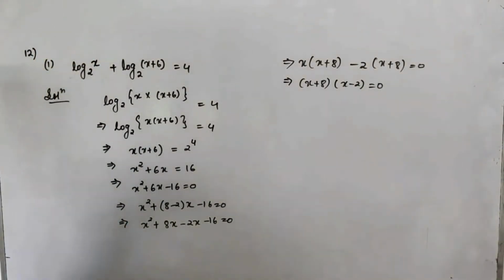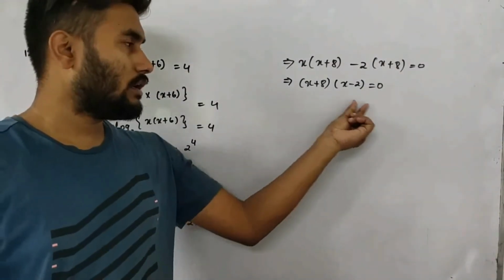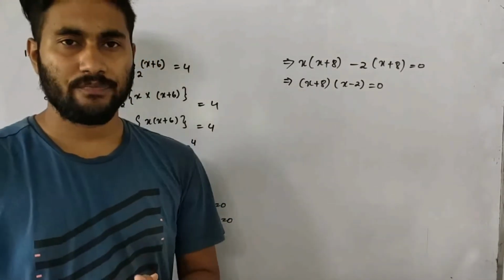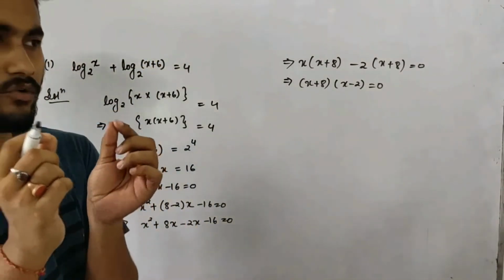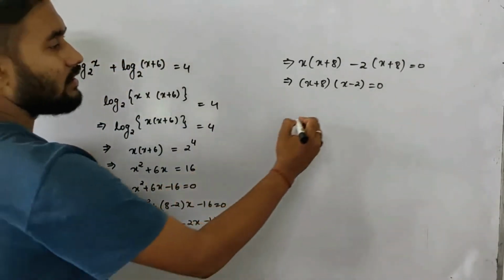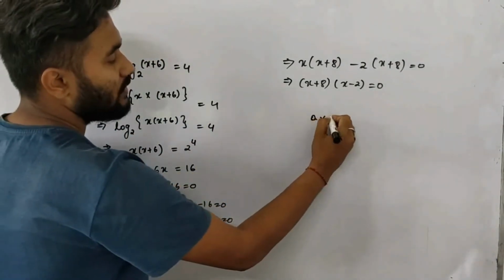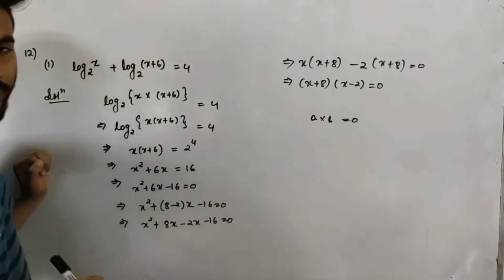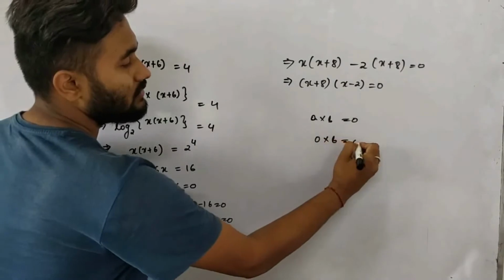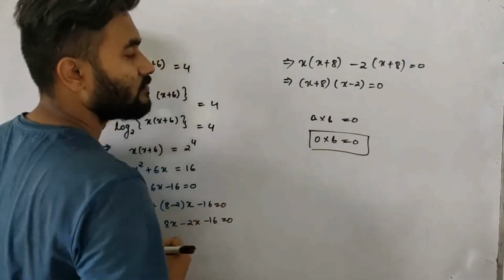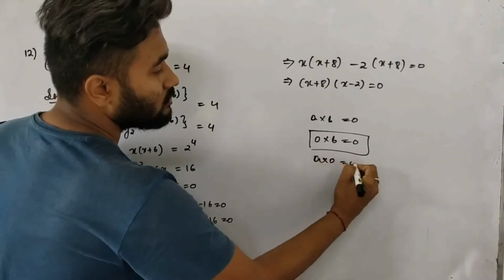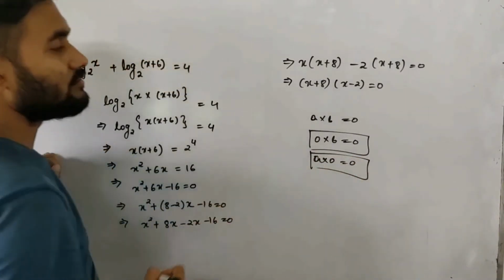Now, when you multiply two items and the answer is 0, see, this is A into B. When the answer is 0, either A is 0, then 0 into B is 0, that is one condition, or B is 0, then A into 0 is also 0. This is another condition.